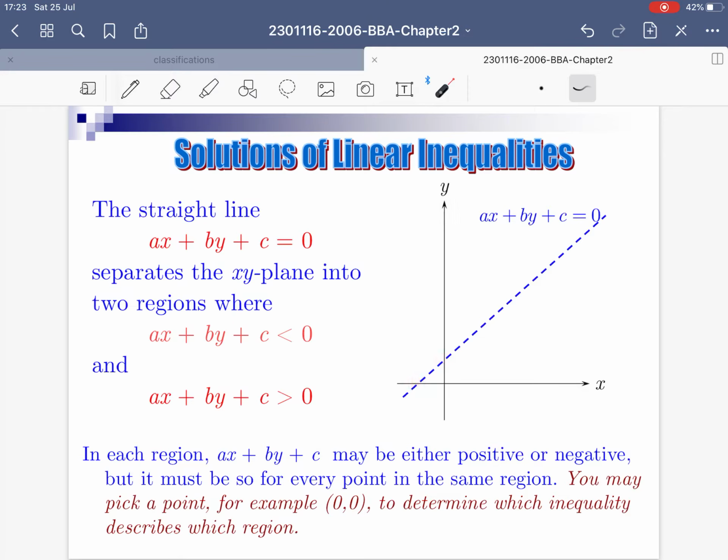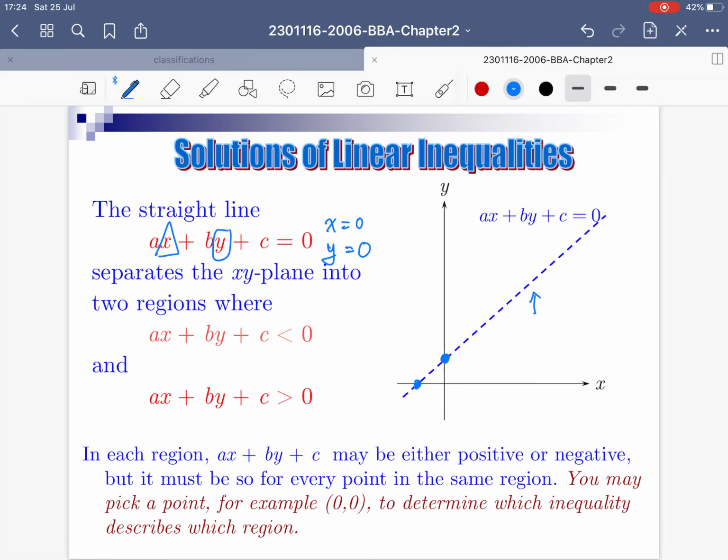For example, when your x is 0, you solve for y, and this will be your y-intercept, and then next you let your y be 0 and you solve for x. That will be your x-intercept right here, okay?